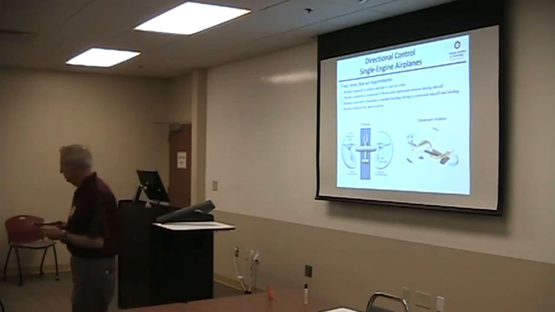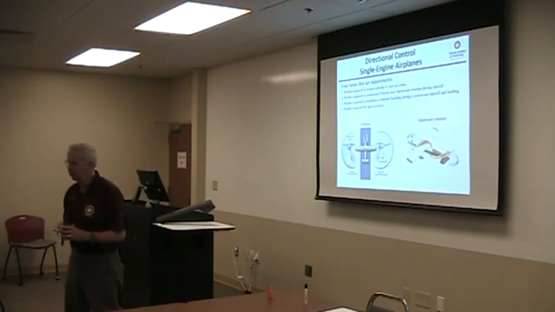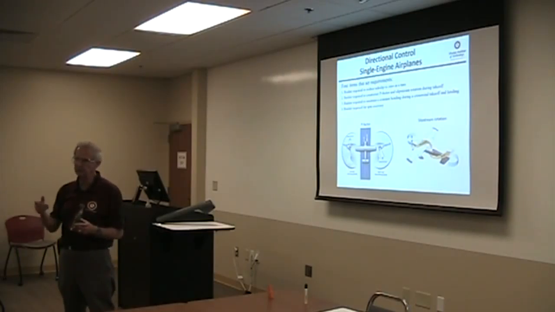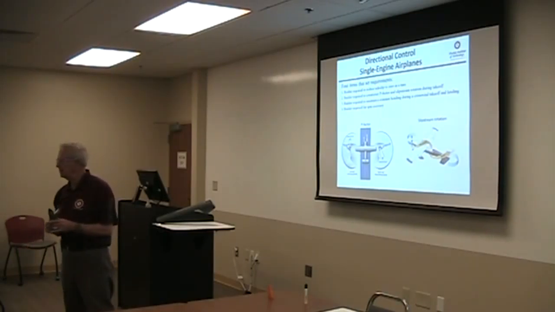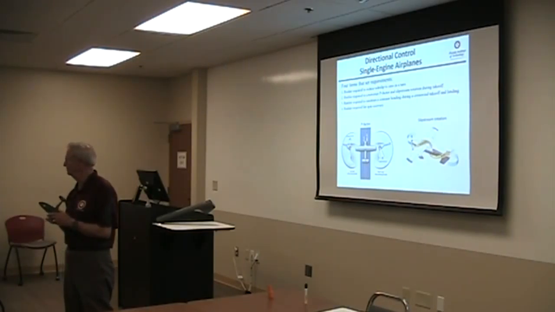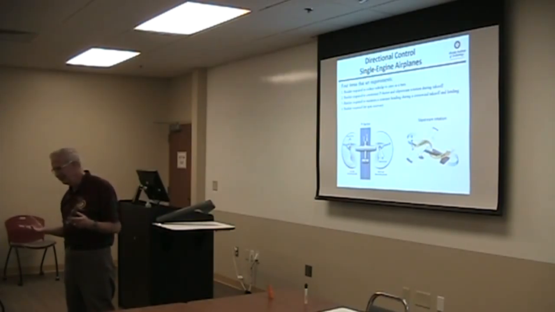Today, most of current general aviation airplanes, if you do a one-turn spin and recover, will require 800 to 1,200 feet of altitude. Now, how high is the average traffic pattern? 1,000 feet. So it doesn't make much sense anymore.